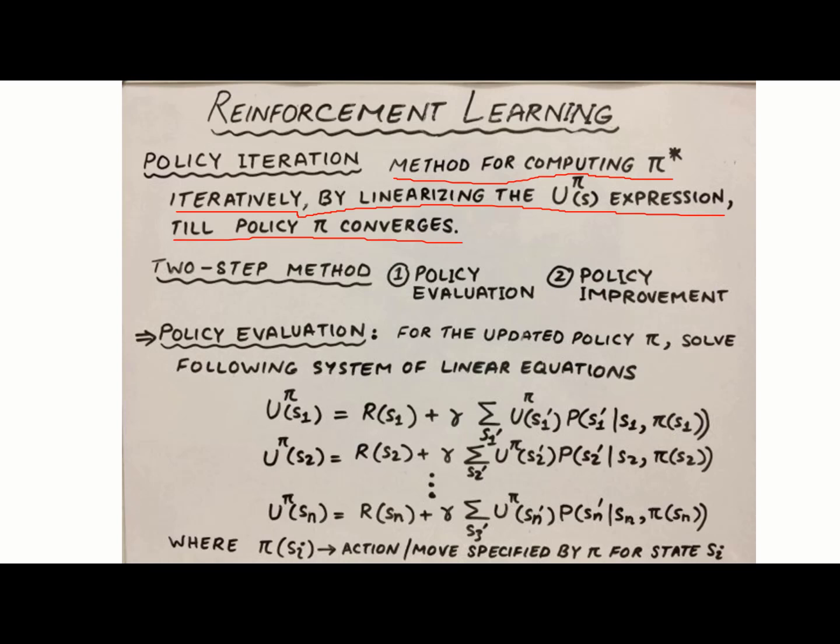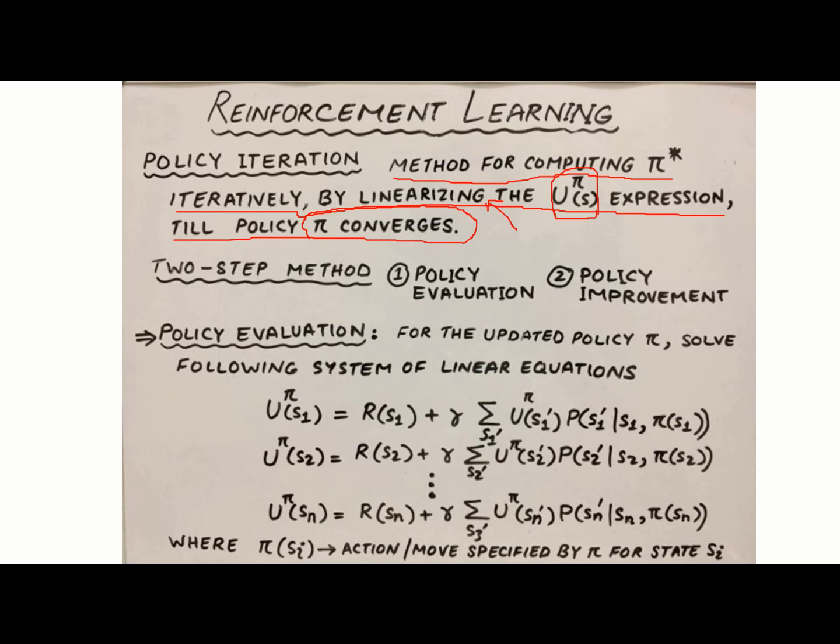So similar to the value iteration algorithm, we're looking for convergence, but this time we are looking to converge pi rather than U. And the other important change is that we're going to linearize the expression, because the expression of U pi of s includes a max operator, the maximization operator, which makes the expression nonlinear.